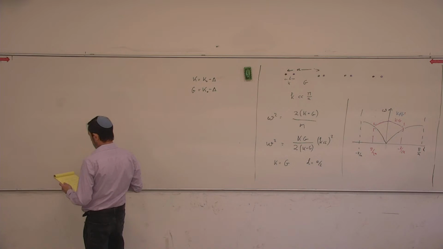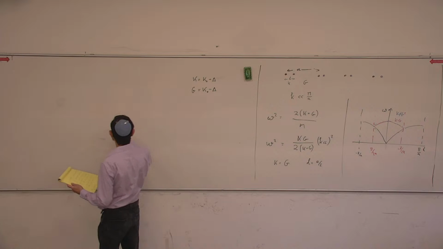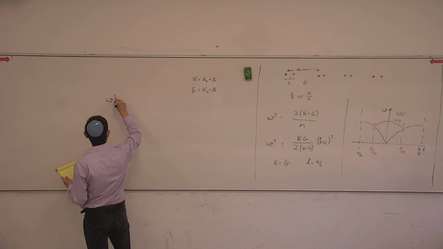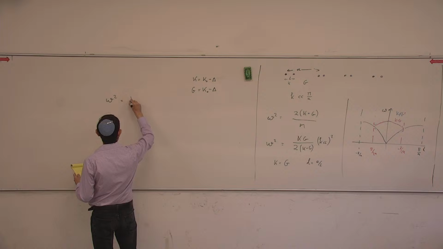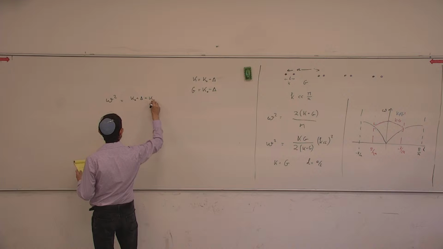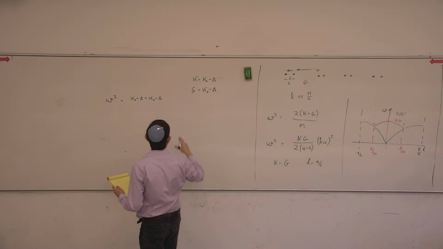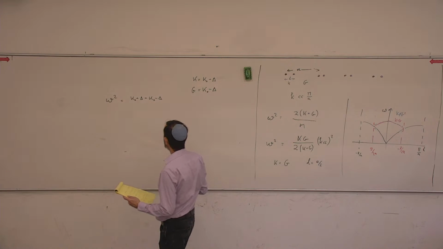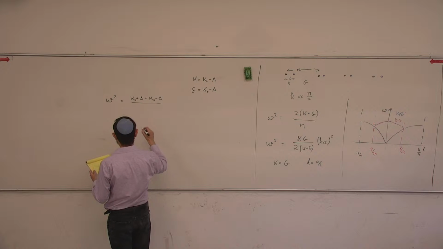So if I write down the equations that we wrote in the previous lecture for the dispersion relation, I replace k with k0 plus delta and G with k0 minus delta.